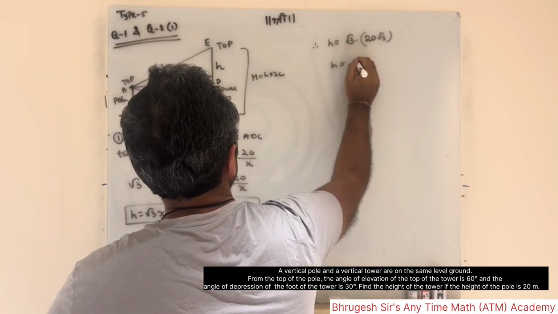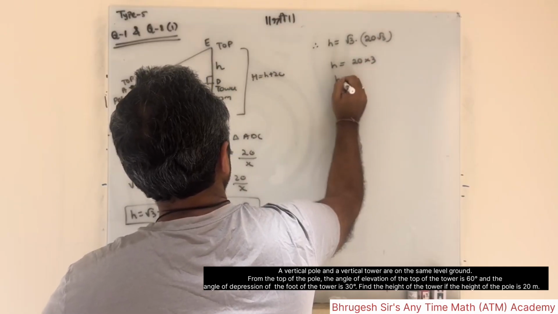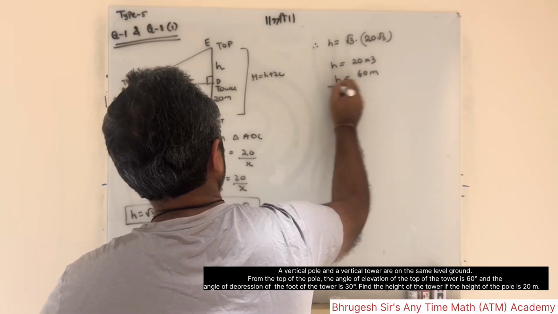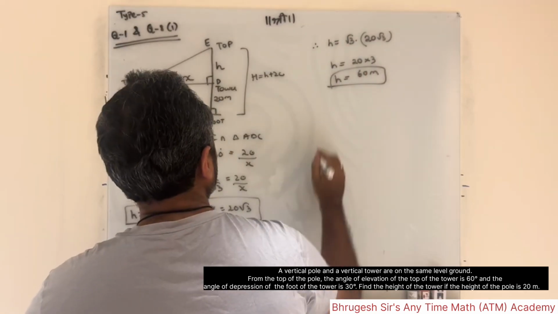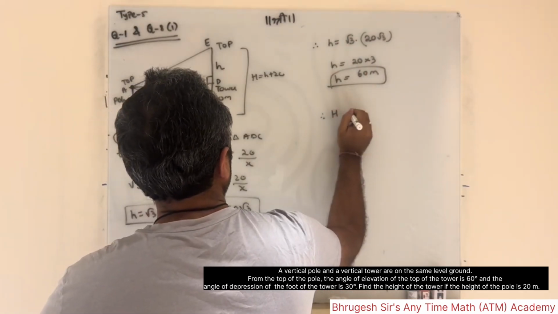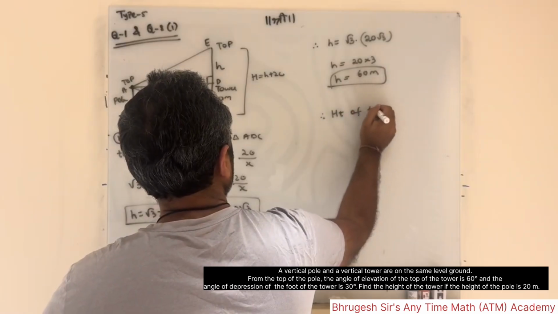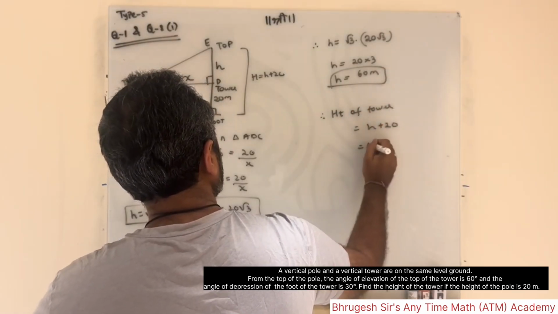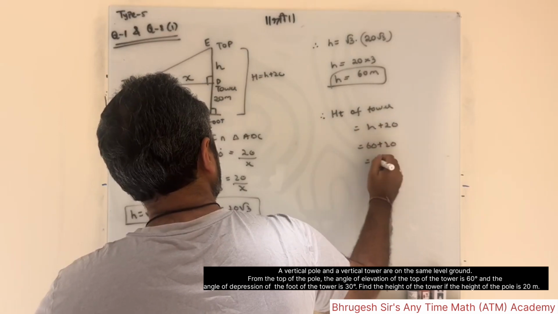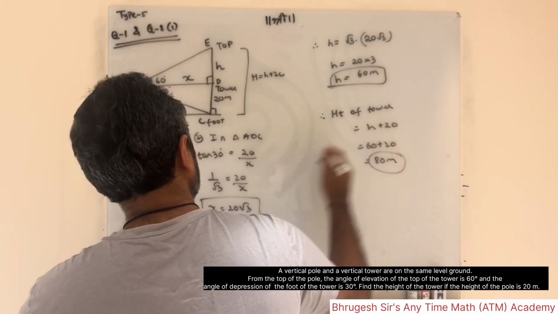So H is 20 into 3. H is 60 meters. But please understand, root 3 into root 3 makes 3. Okay. Therefore height of tower, which is equal to H plus 20, is 60 plus 20, which is 80 meters.